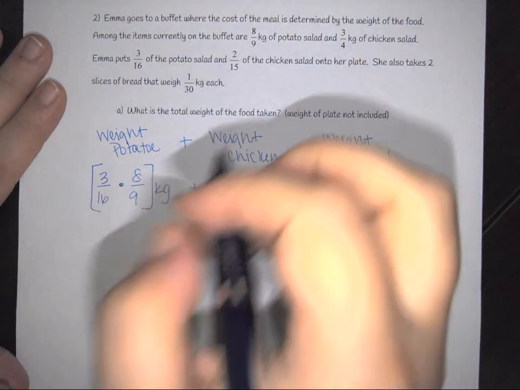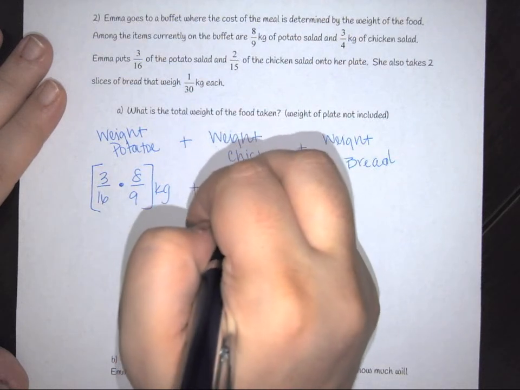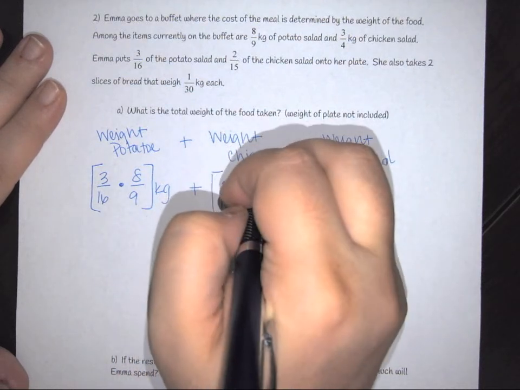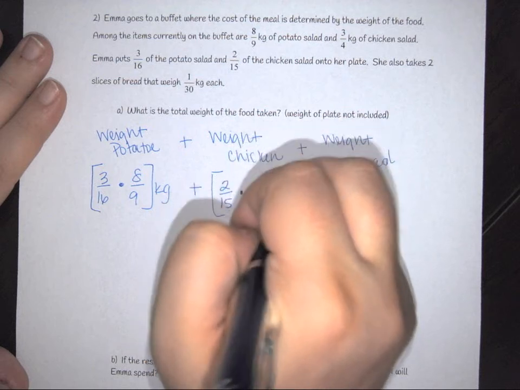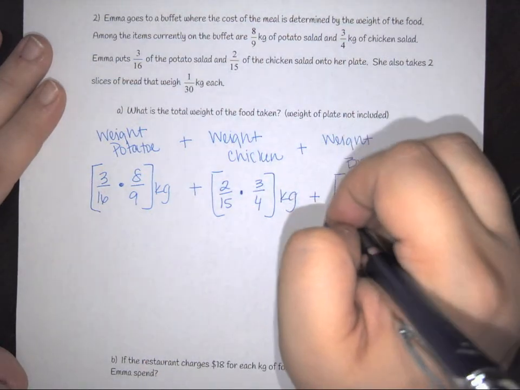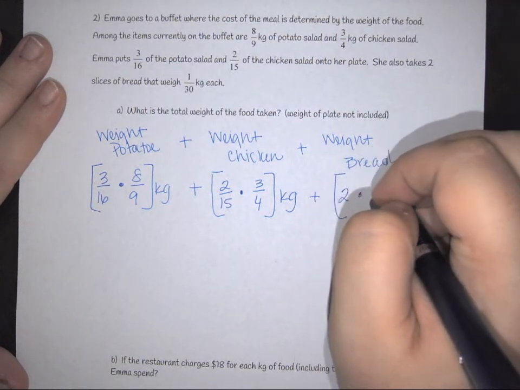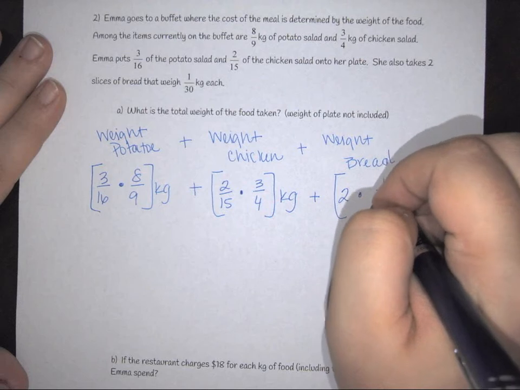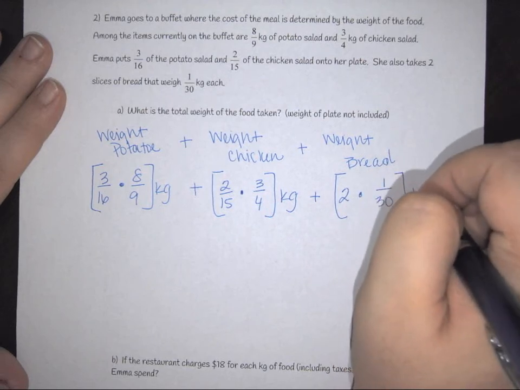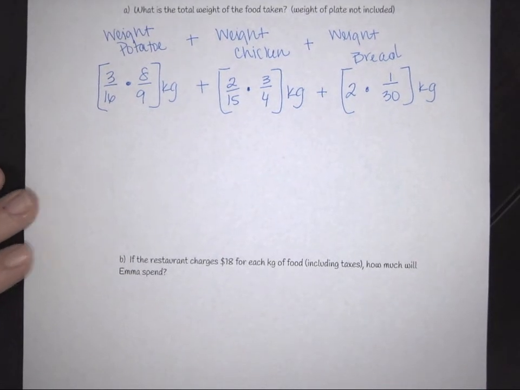So chicken salad says I am taking 2/15 of the 3/4 that was sitting there. And I have to add this to the weight of the bread, which says I am taking 2 slices of the weight of my bread.